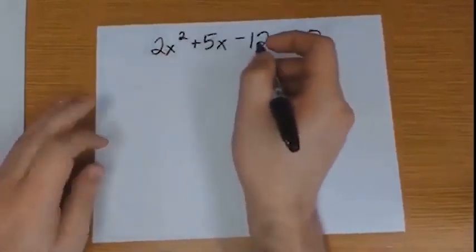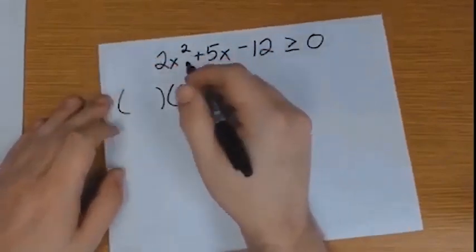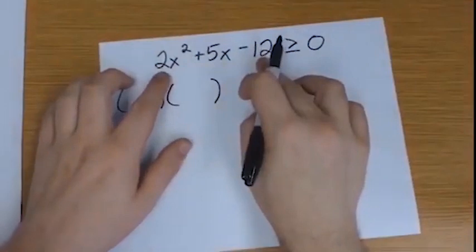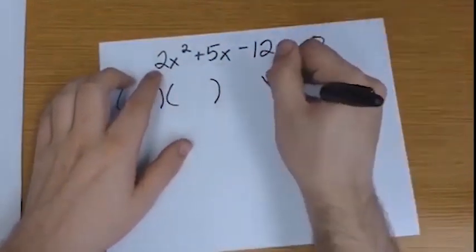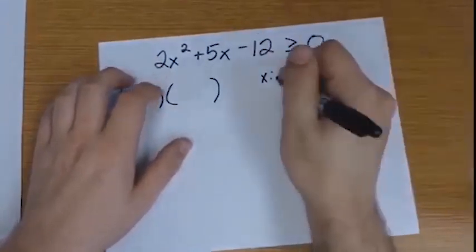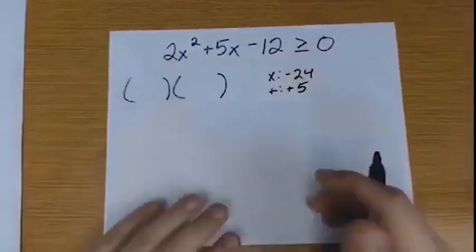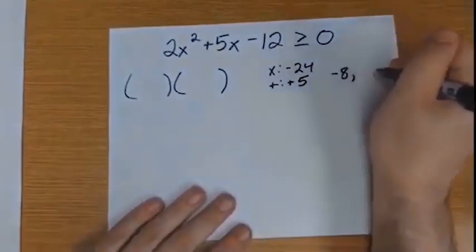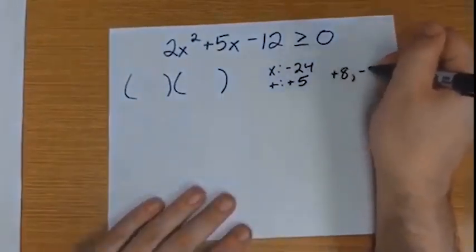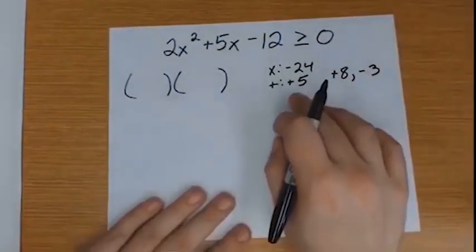So there's nothing we could take out. If we use the AC method, or we do a times c, we need numbers that multiply to negative 24, 2 times negative 12. They need to add to positive 5. That's going to be positive 8 and negative 3, because we need them to add to positive 5.